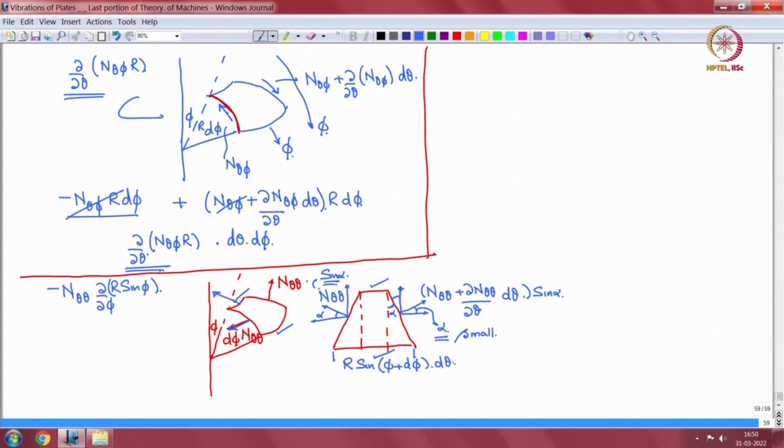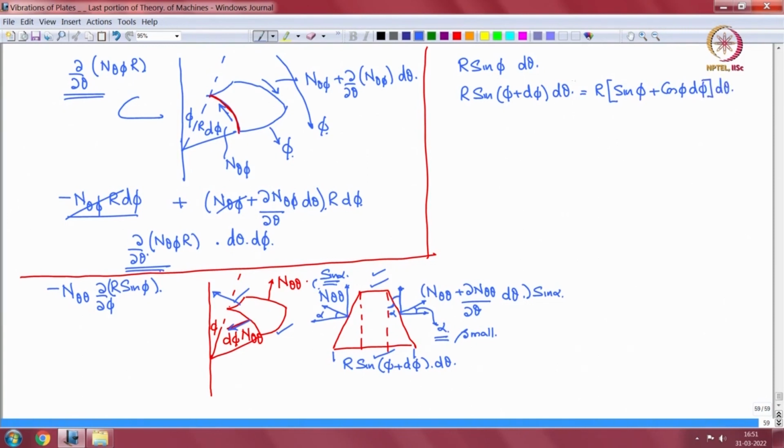The top is r sine phi d theta, and the lower is r sine of phi plus d phi d theta, which is equal to r sine phi cos d phi, which is 1, plus cos phi sine d phi, which is d phi, into d theta.